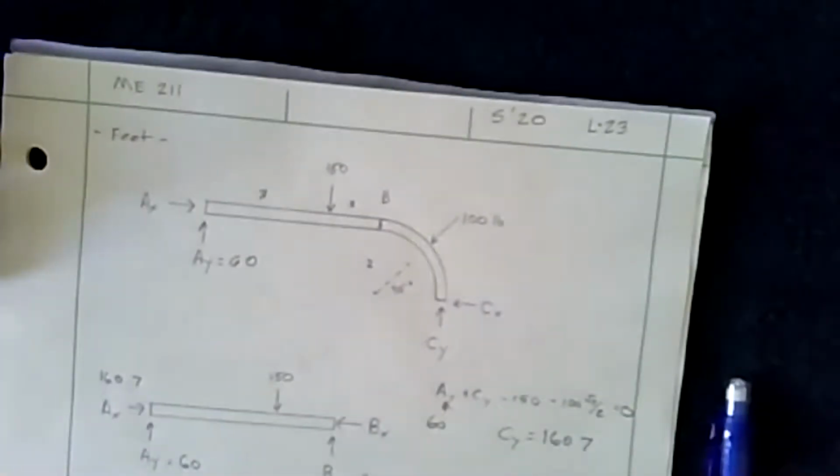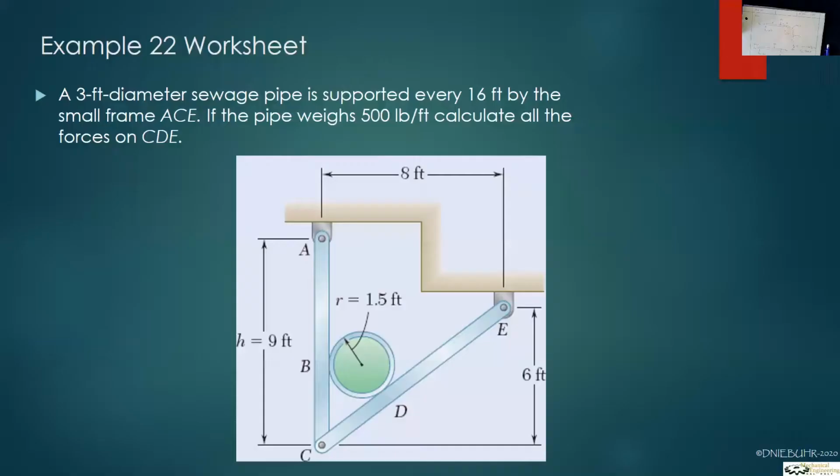Let's go back. All right, so there are a couple examples on here. Now, in this example, we have a structure. Here you have a 3-foot diameter sewage pipe, supported every 16 feet by a small frame ACE.